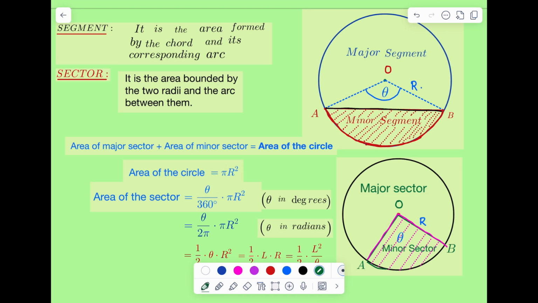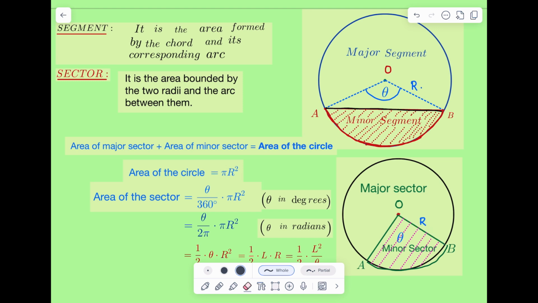Between them AB is the arc, and another arc AB is here, which is the major arc. The area between the radii and the minor arc is called minor sector, whereas the area between two radii and the major arc is called major sector.